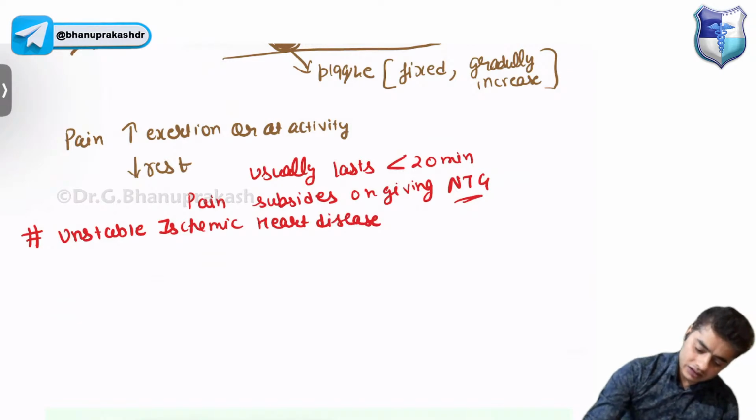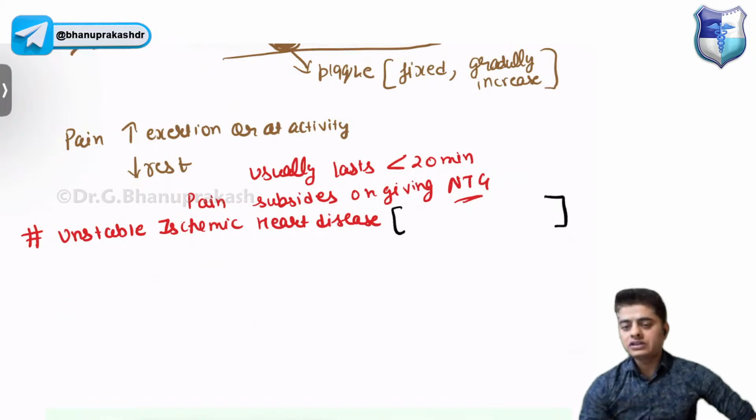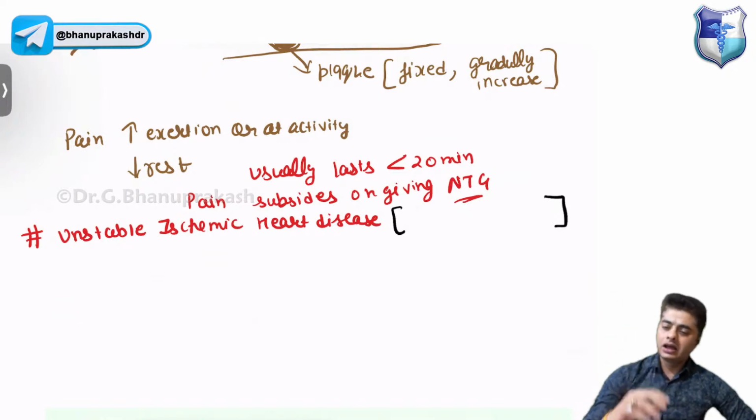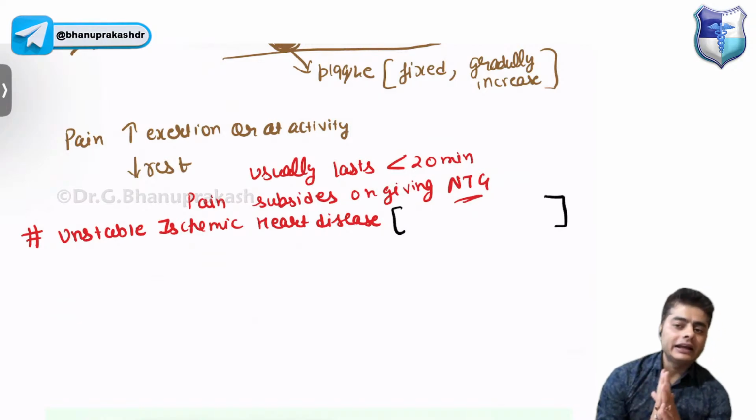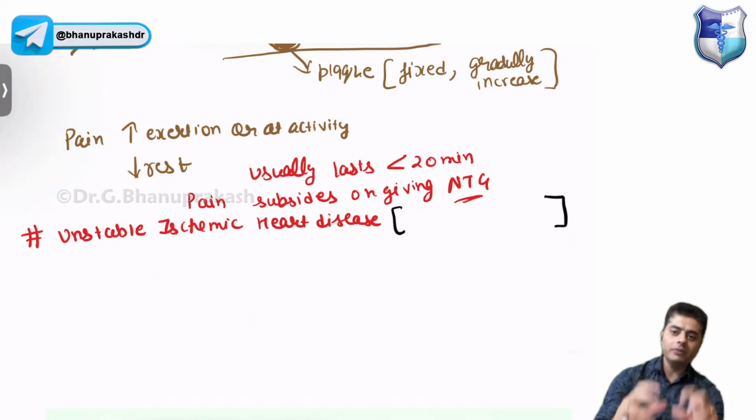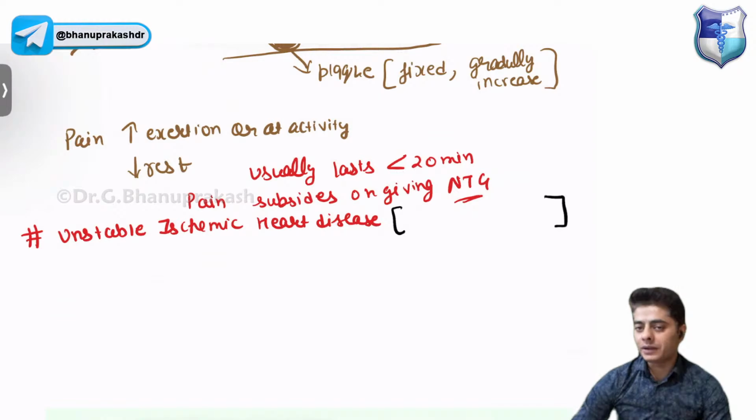Now you will ask, sir, what is unstable in this? Actually, plaque is there in this condition also. But here, due to some factor, the plaque is vulnerable. And when the plaque is vulnerable, any time it can dislodge. And if this vulnerable plaque dislodges, it will lead to a cascade process with thrombosis. And this thrombosis will lead to pain.